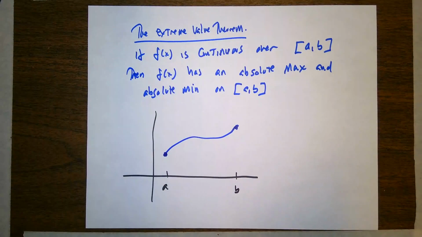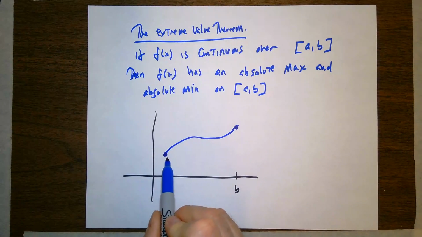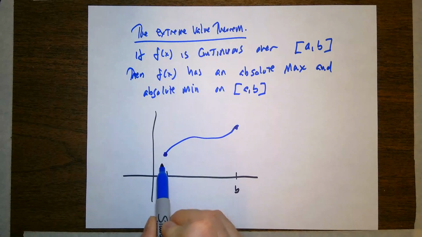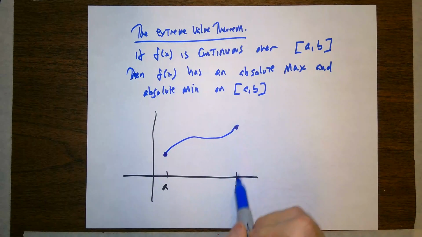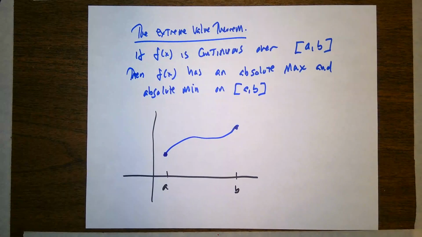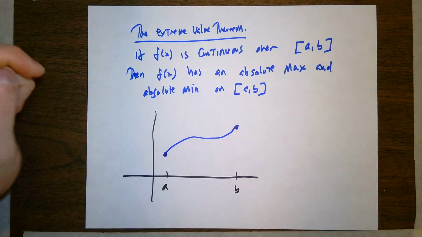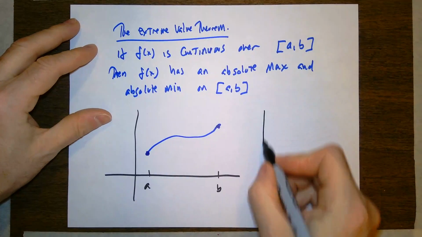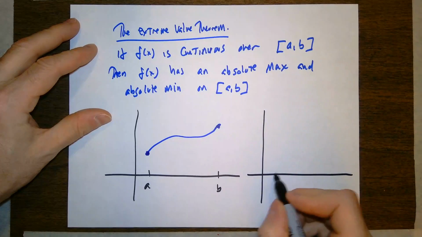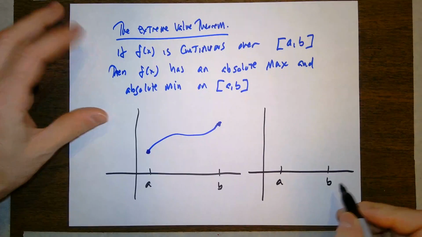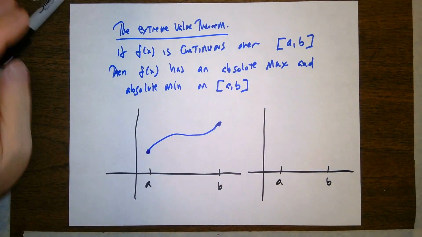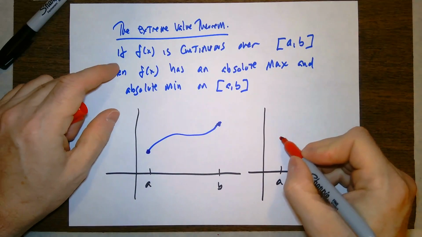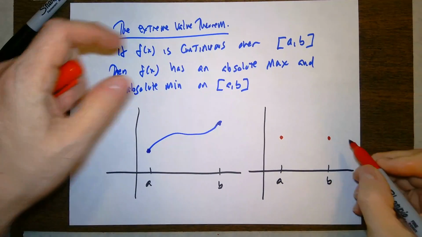And pretty much obviously we can see that the minimum would be the endpoint a, and the maximum would be the endpoint at b. So the absolute maxes and the absolute minimums can be at the endpoints, but they don't have to be. Take a look at this example. Again, closed interval, a to b. And this time I have some sort of a here and some sort of b here.